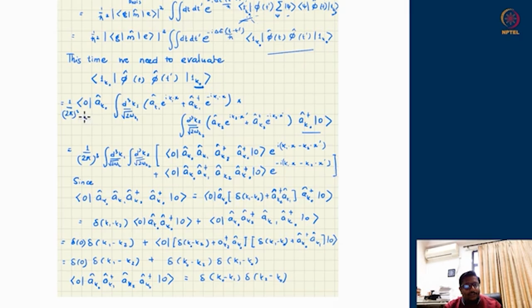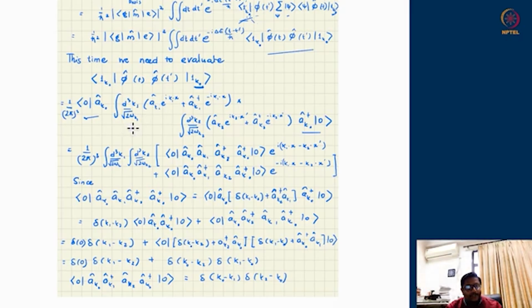So this is just the Hermitian conjugate. The left hand side is the bra 1_k0, and the right hand side is the ket 1_k0. In between there are two field operators at location t and position x, and at t prime and position x prime.